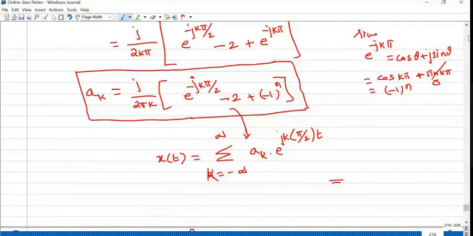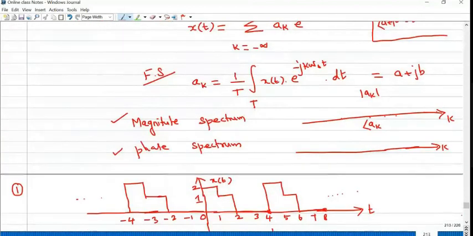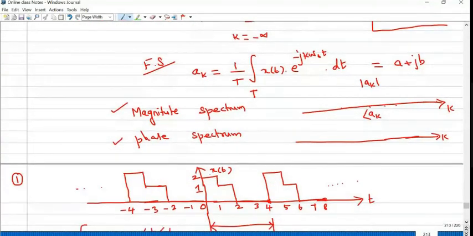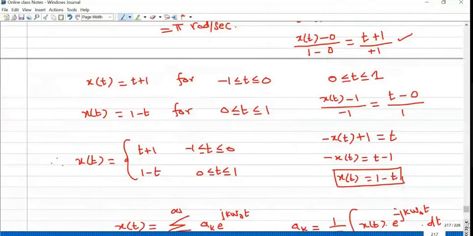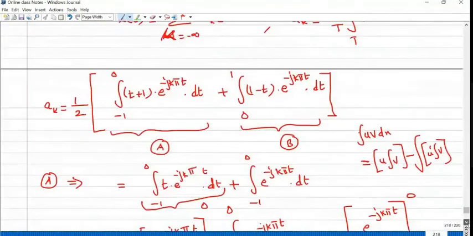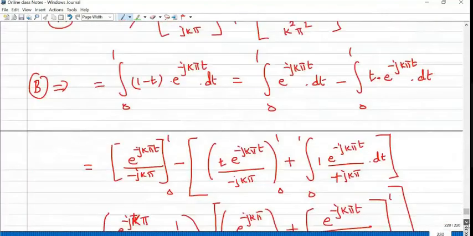So the first problem is like this, some DC signal, a constant DC value, x of t we can easily write. The second problem in exponential Fourier series has some kind of positive slope and some kind of negative slope. Find the expression for x of t and substitute. Do the integration very carefully.